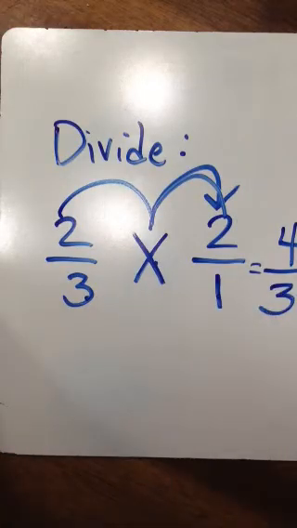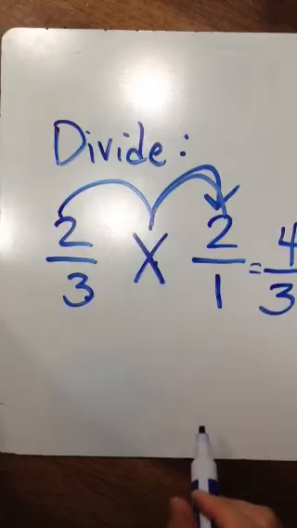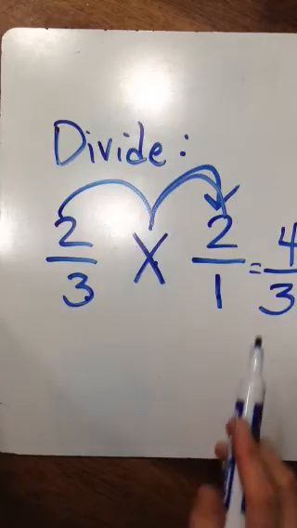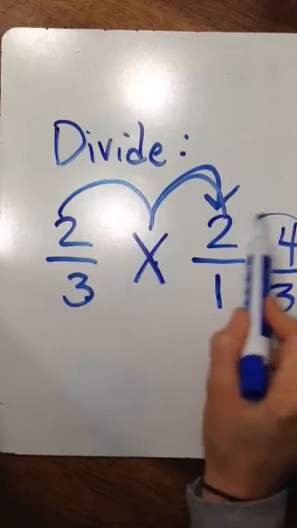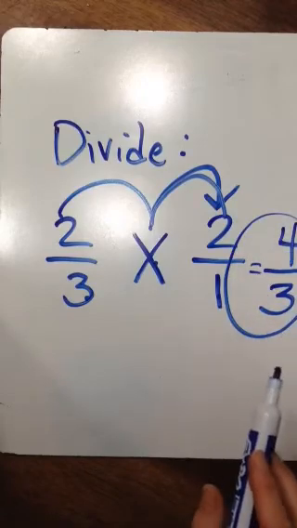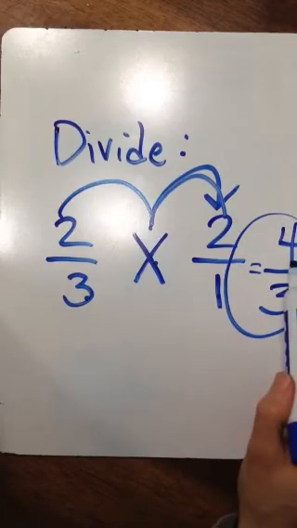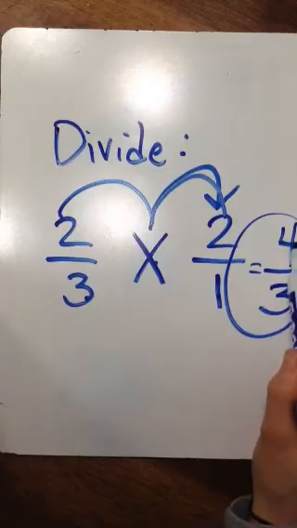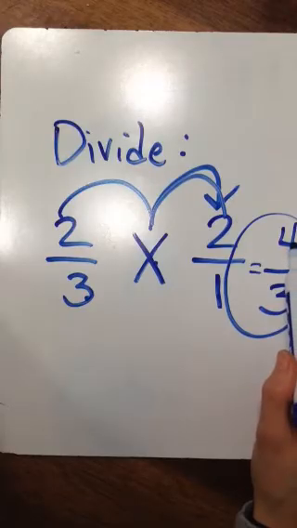So the answer to this problem is 4/3, but hopefully you can quickly realize that something's wrong with this fraction. Does anybody know what that is? It's that it's an improper fraction. Hopefully you remember that the numerator always has to be smaller than the denominator. Right here, the numerator is larger.